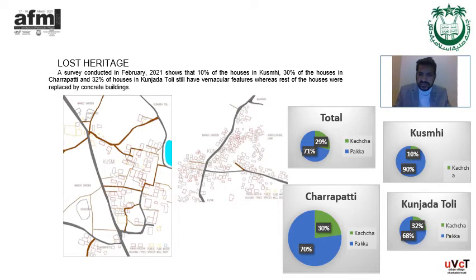As we see, Charapati and Kunjatoli do not have a good economic background, which is why they are still lagging behind in concrete construction. Whereas in Kusmi, the people are financially independent and have a good financial background, and that is why most of the vernacular architecture houses have been replaced and only 10% remain.